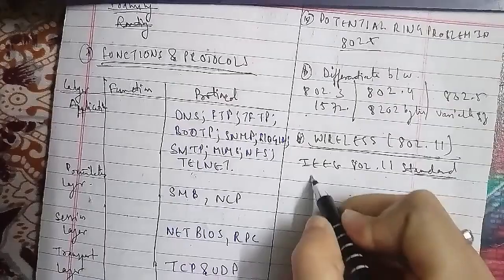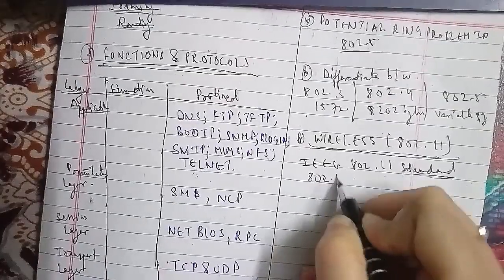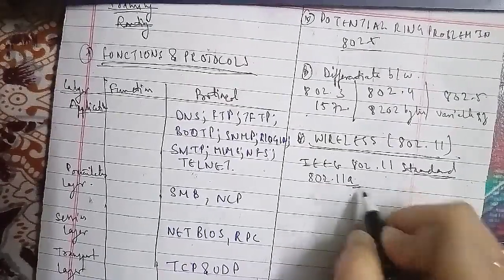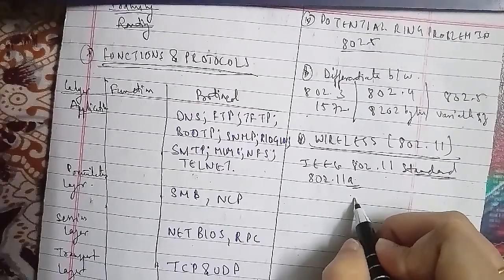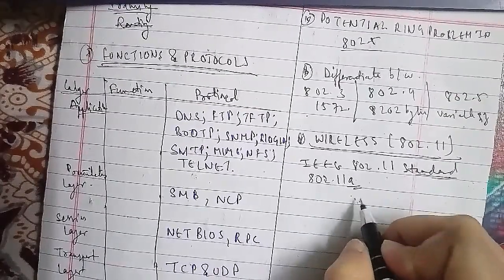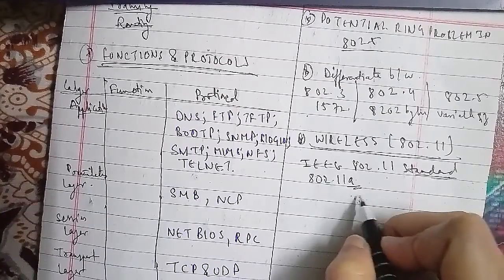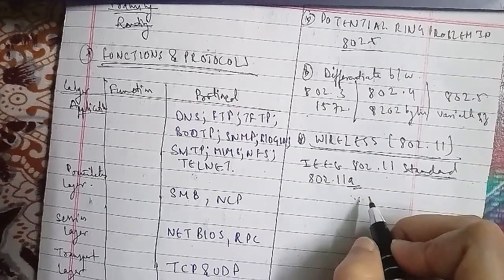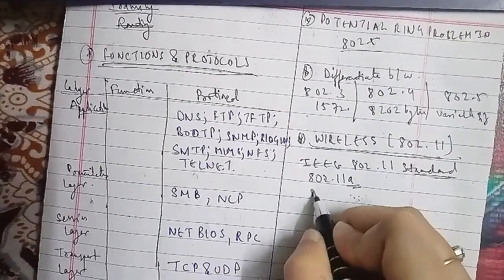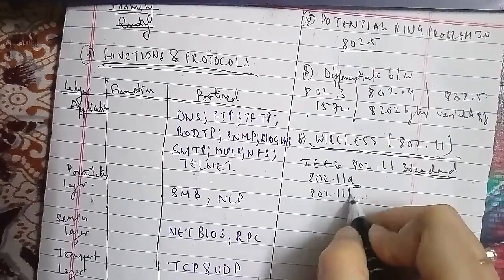Now we'll talk about why wireless LAN cannot implement CSMA/CD. The reason is that a collision detection station must be able to send data and receive collision signals at the same time.